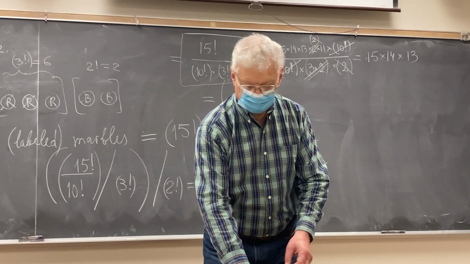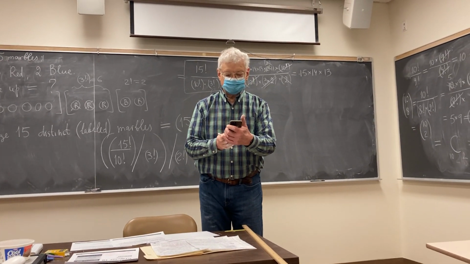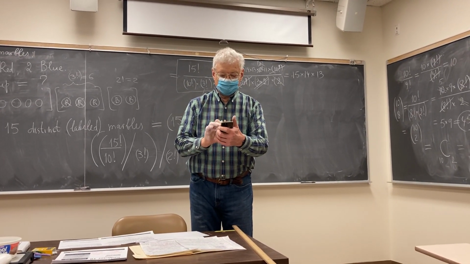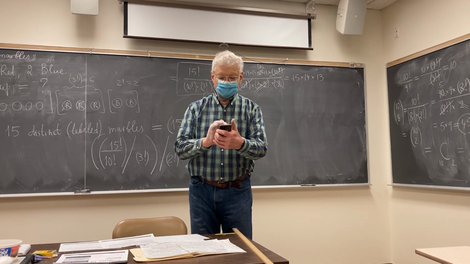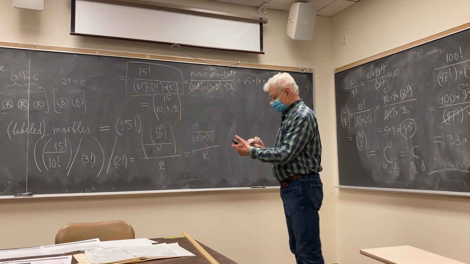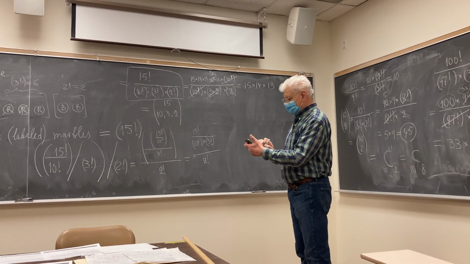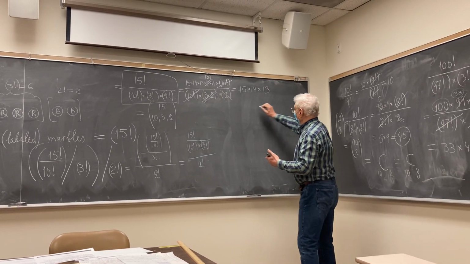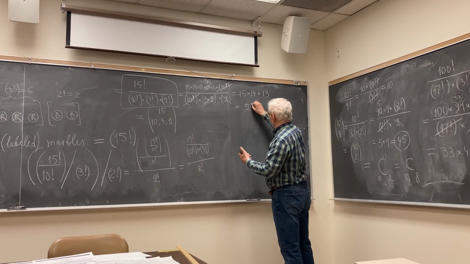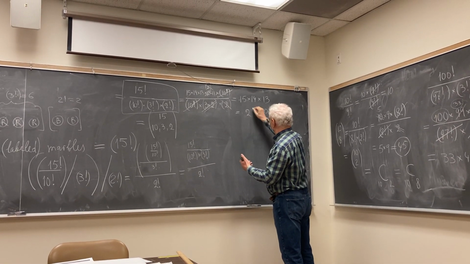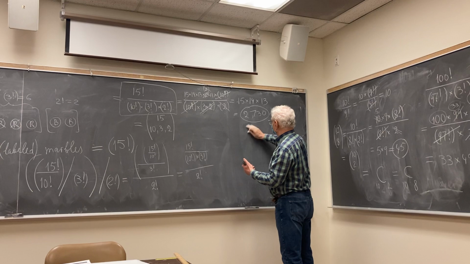Okay, so let's calculate, just in case. 15 times 14 times 13 is 2,730 arrangements.